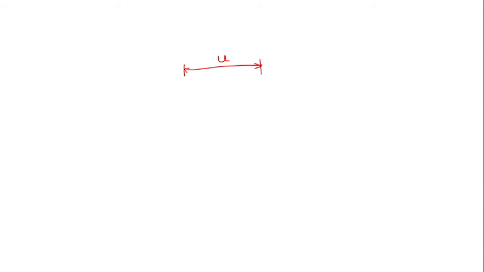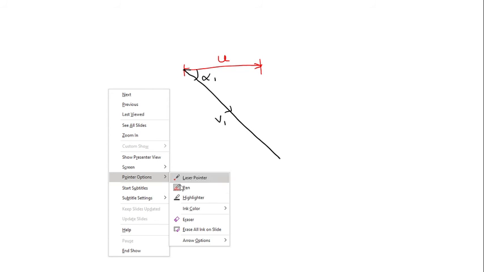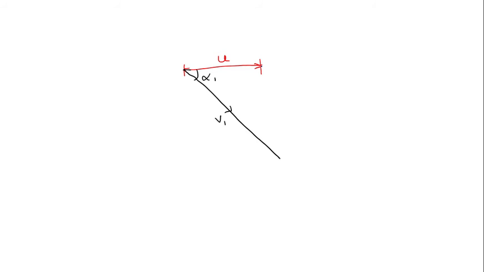Okay, now from this point alpha 1, and this is our V1. Okay, from this point beta 1 and VR1. Okay, now I'll just converge this.